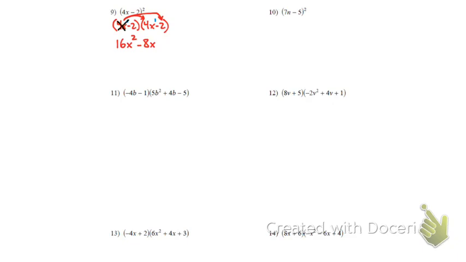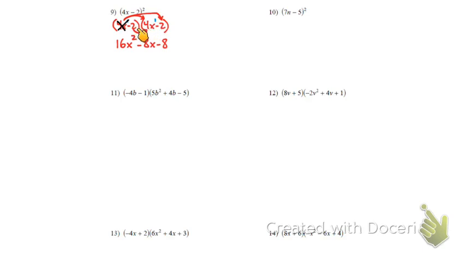We're going to do the same pattern for the second term in the polynomial. So we're going to take negative 2 and multiply it to both of these. So we go negative 2 times 4x. Multiply the numbers first. Negative 2 times 4 is negative 8. And then we have x^1.